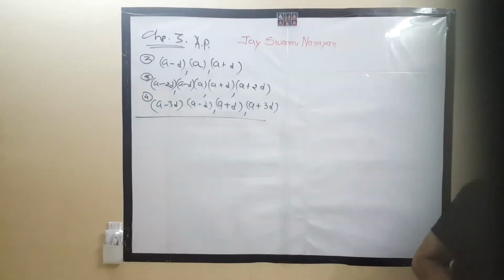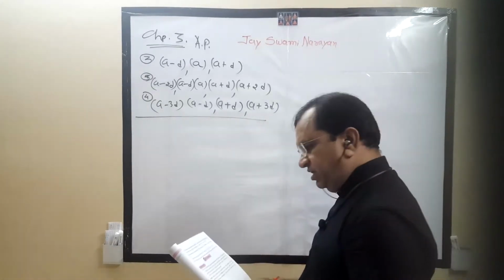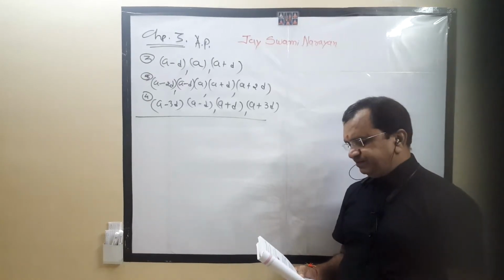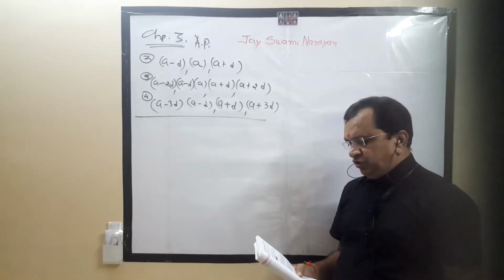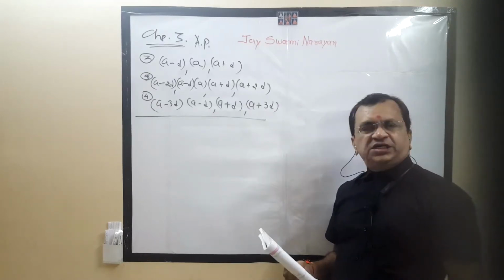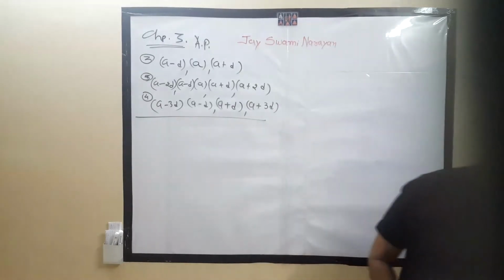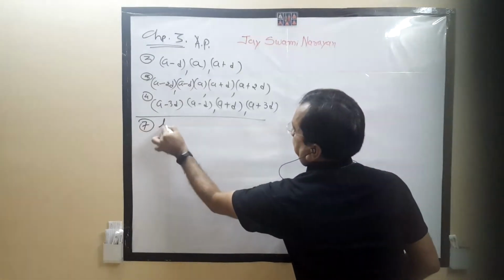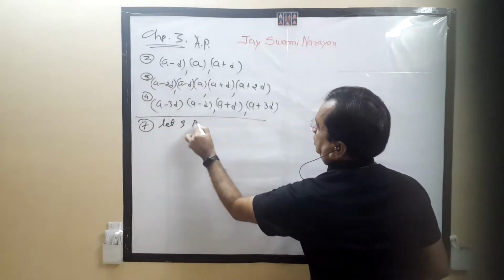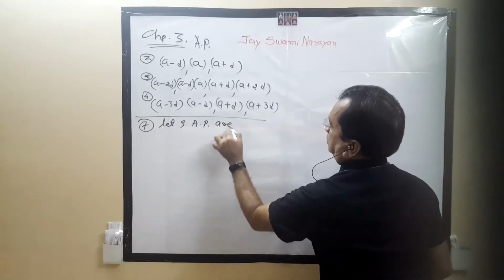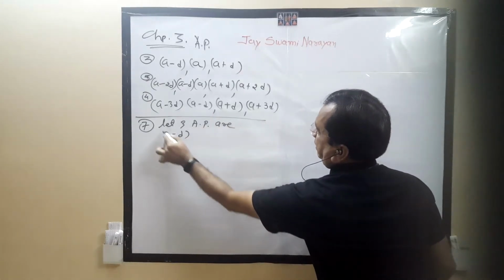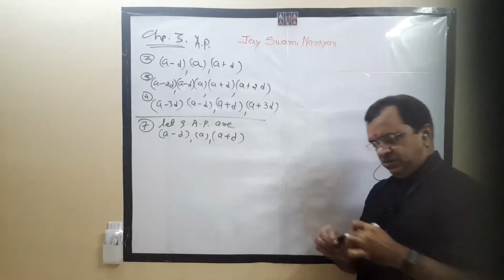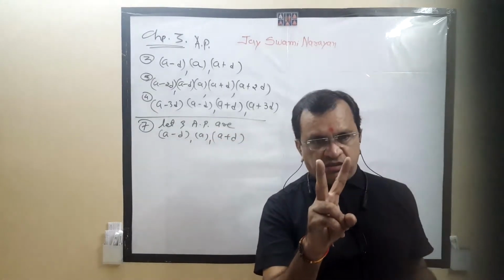Now page number 73, sum number 7. Three consecutive numbers in AP. So let the three numbers be A minus D, A, A plus D. They will give 2 conditions.